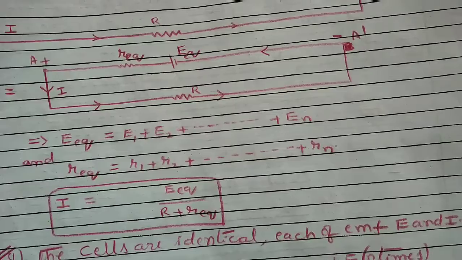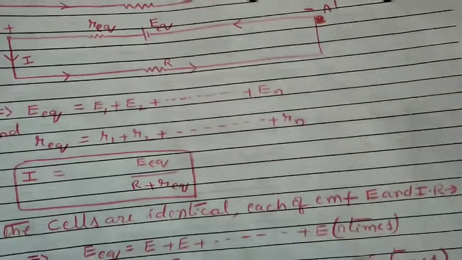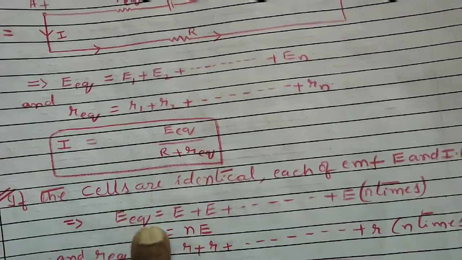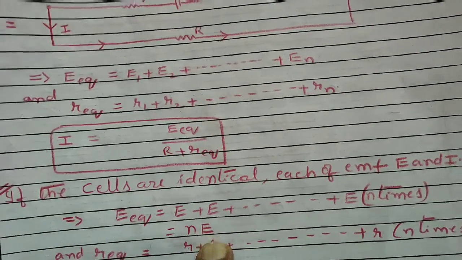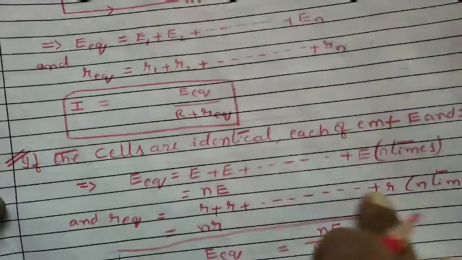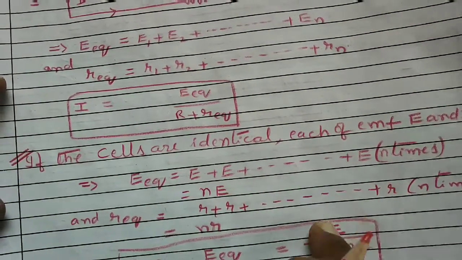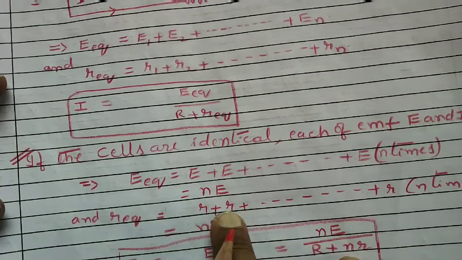In place of E1, E; in place of E2 also E; in place of En also E only. So n times. Similarly, E equivalent is equal to n into each cell's EMF E. Similarly, R equivalent is equal to r plus r plus r, n times, because there are n cells but all are having the same EMF and same internal resistance.